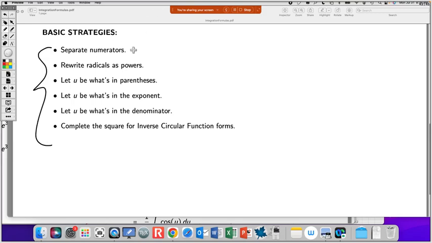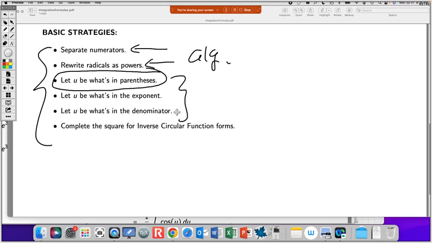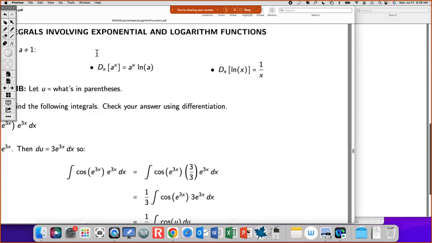So, you try to do the algebra stuff first to break things up as best you can. If the algebra, then if you're still stuck, then you always try one of these substitutions. Let u be what's in parentheses, and so on.